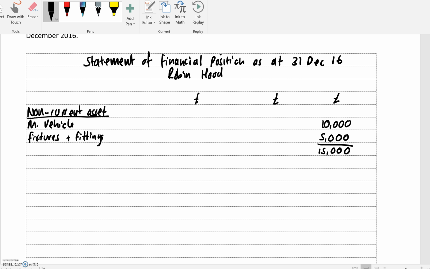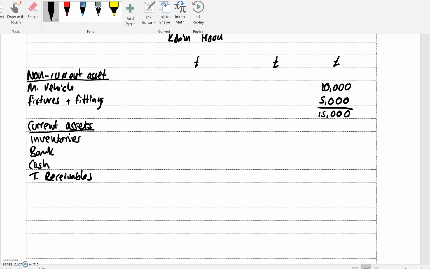You then have your current assets. For your current assets, you've got inventories of £3,000. You have bank for £15,000, so 15,100.